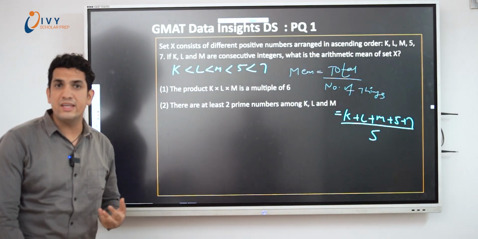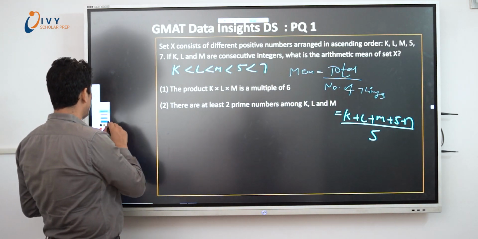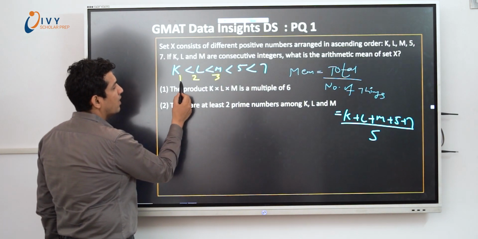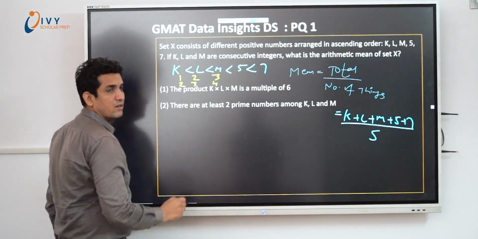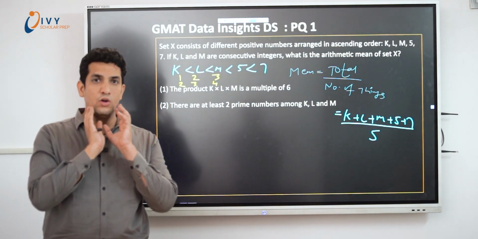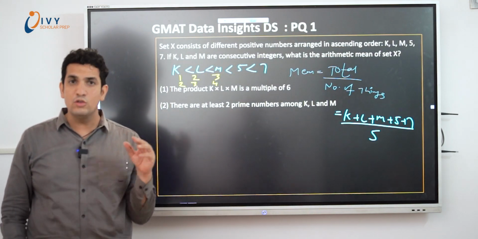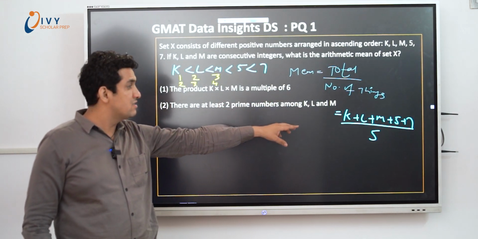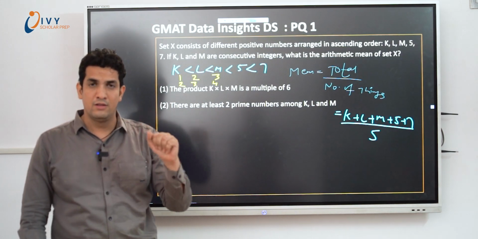What is the possibility we can have? As you already know, they are positive. So either I can have 1, 2, 3, or I can have 2, 3, 4. So before reaching the statements, we are at the conclusion that k, l, m could be either 1, 2, 3 or 2, 3, 4. We can put in the values and find the answer, but we'll have two different answers.